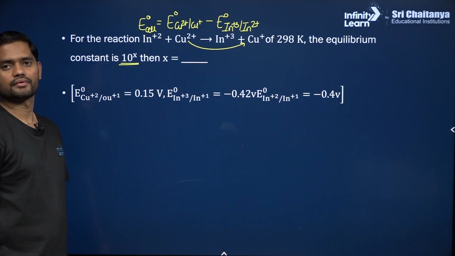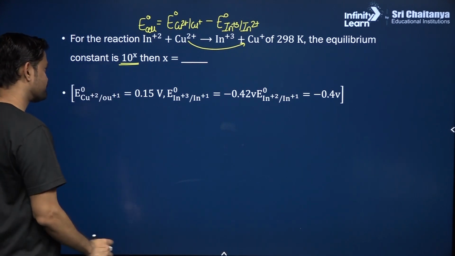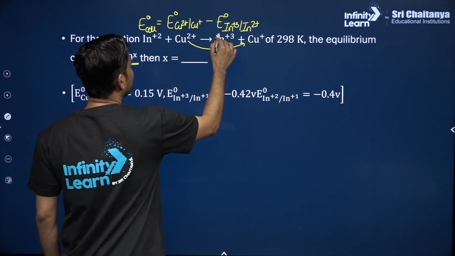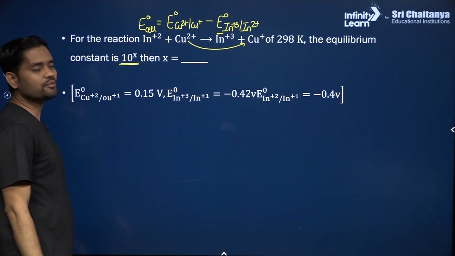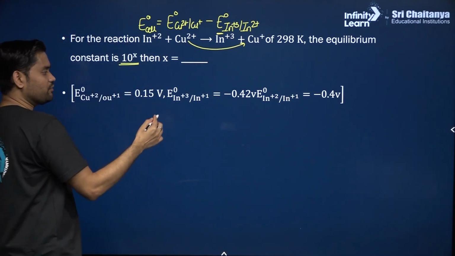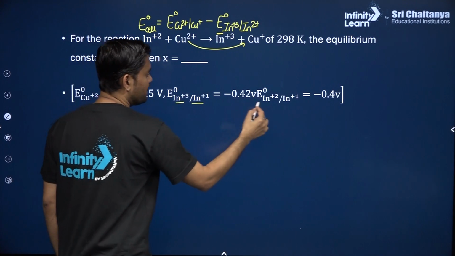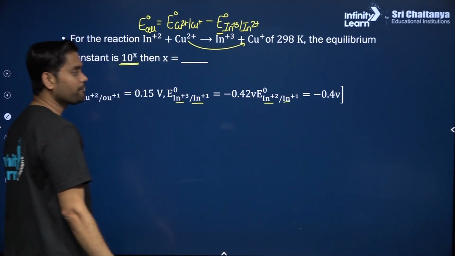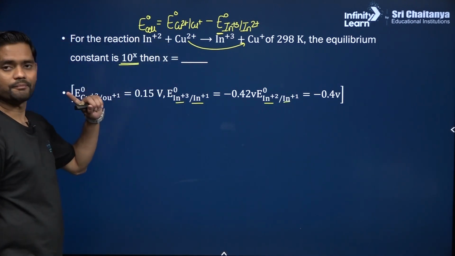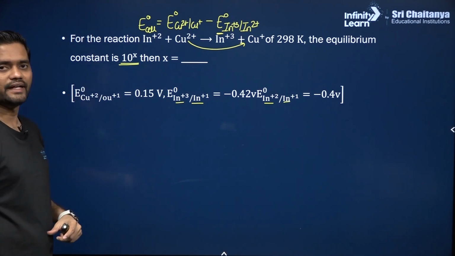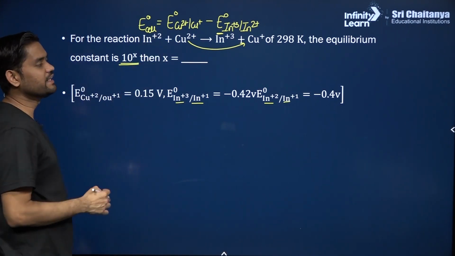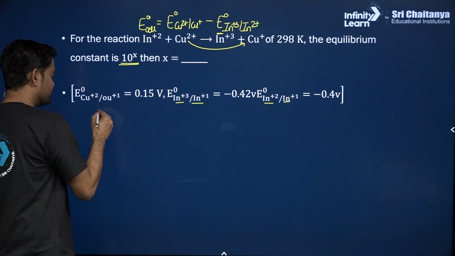E naught of Cu 2 plus to Cu plus minus the anode. Clear? Got it? Now we need to calculate this because the standard electrode potential for this is not given. Apart from that, what is given is from plus 3 to plus 1 and from plus 1 to plus 3. Okay, this is given, but this is not given. So how to calculate that? Let us first try to calculate that E naught value first.